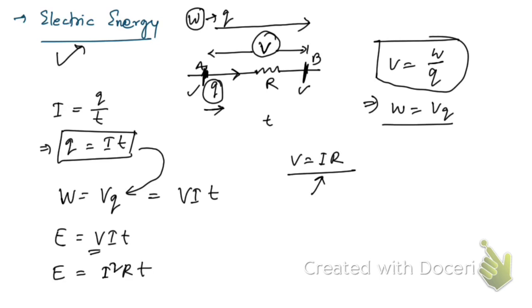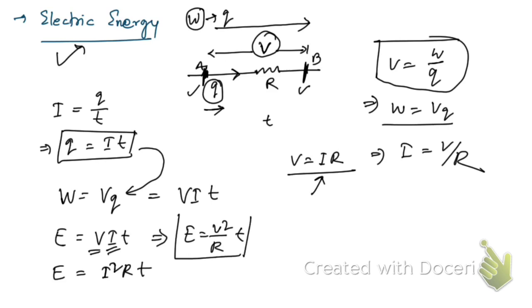And again, you can replace I by V by R, and then you get E is equal to V square by R into t. This is another form of electrical energy. Hope you have understood this.